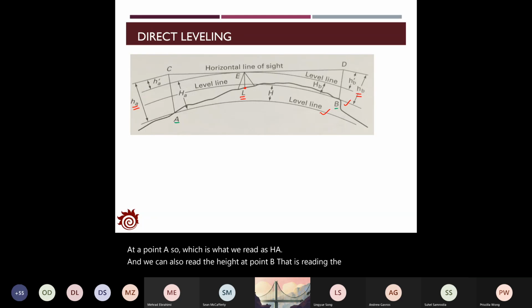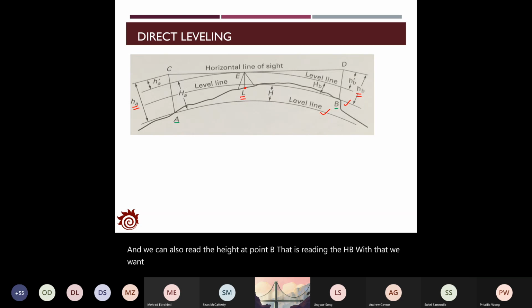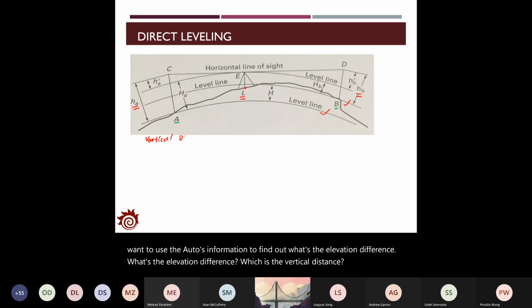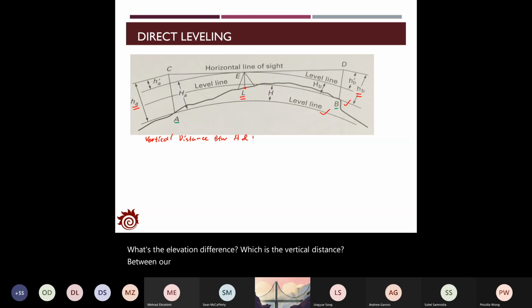With that, we want to use all this information to find the elevation difference, which is the vertical distance between A and B. In this case, we just assume that is h.